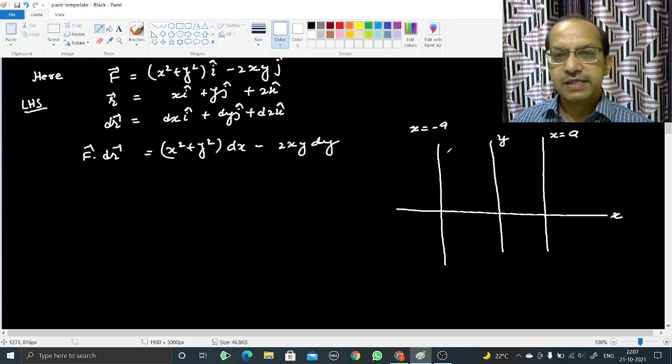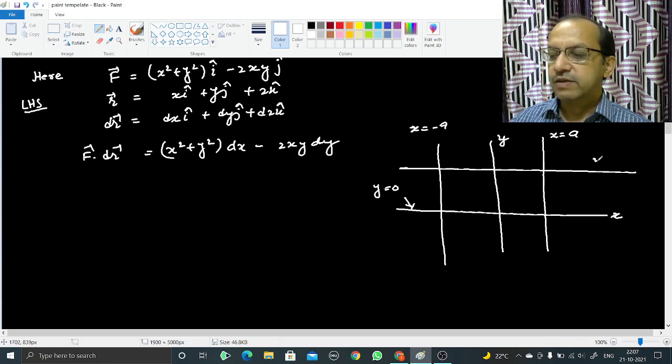This line is y equal to 0 and this line is y equal to b. If I start from here, it is A with coordinates (a, b), B with coordinates (minus a, b), C with coordinates (minus a, 0), and D with coordinates (a, 0). So A, B, C, D will be the path.